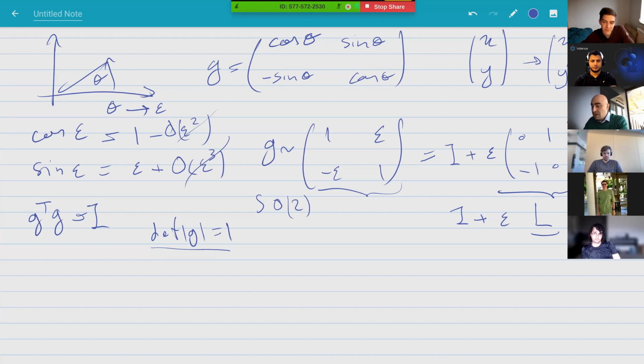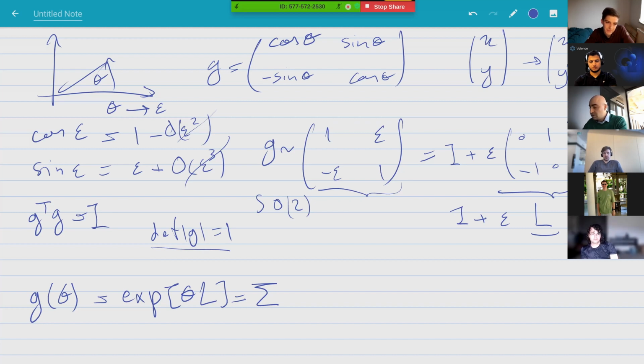For example, if I call g of theta the rotation by an angle theta, you can write that as exp of theta times L. The way this is defined is you write the Taylor series for the exponential: the sum over k from 0 to infinity of theta to the power k, the matrix L to the power k, divided by k factorial. So in this case, it's literally just an exponential function, and you can write it out.